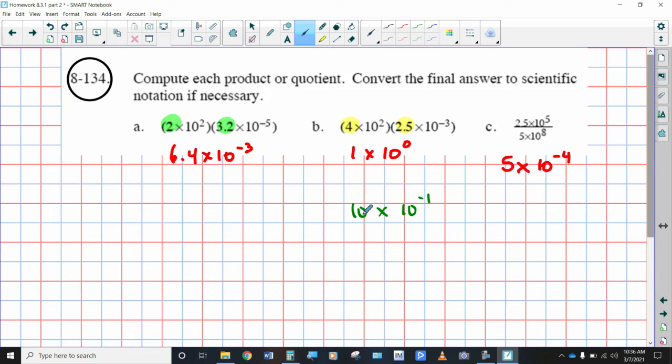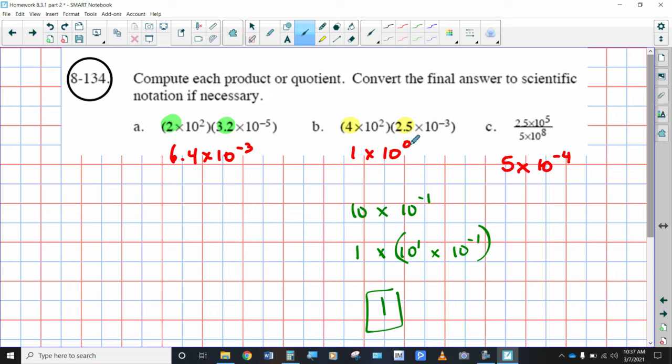We don't like that 10 being there, so I'm going to divide it by 10 and make it a 1, and then move that over to here and add the exponents: 10 to the first times 10 to the negative first, which when you add the exponents, that's how you get the zeros there. So technically, the answer to this problem right here is equal to 1.